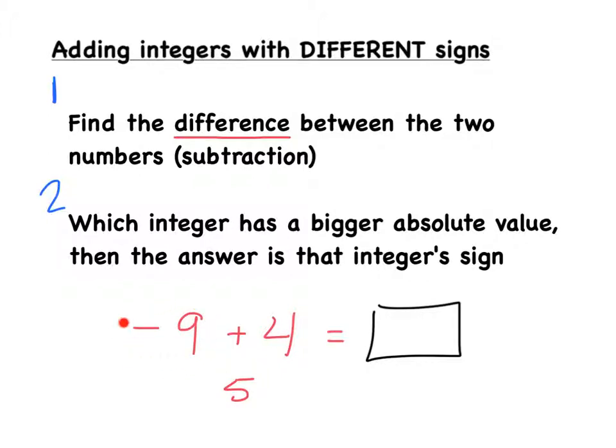In this case, the 9 is the larger number. So then the answer takes that integer's sign. This is a negative 9, so the answer is going to be negative. So in this answer, negative 9 plus 4 is equal to negative 5.